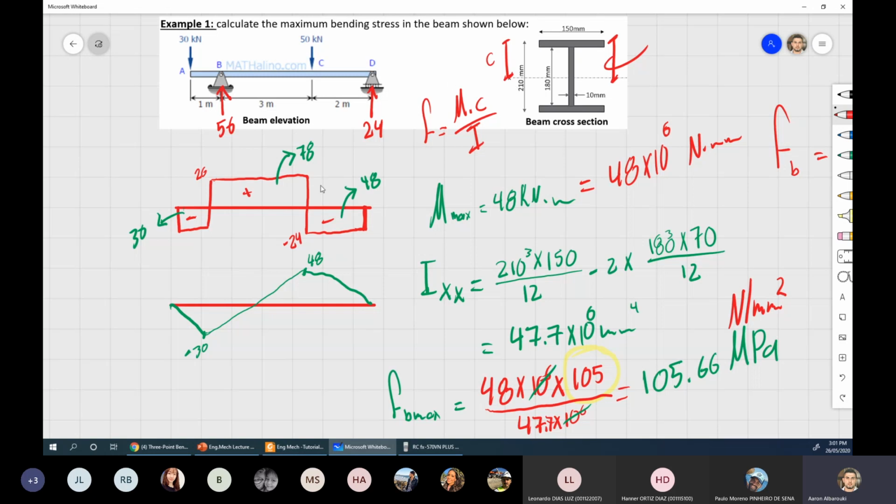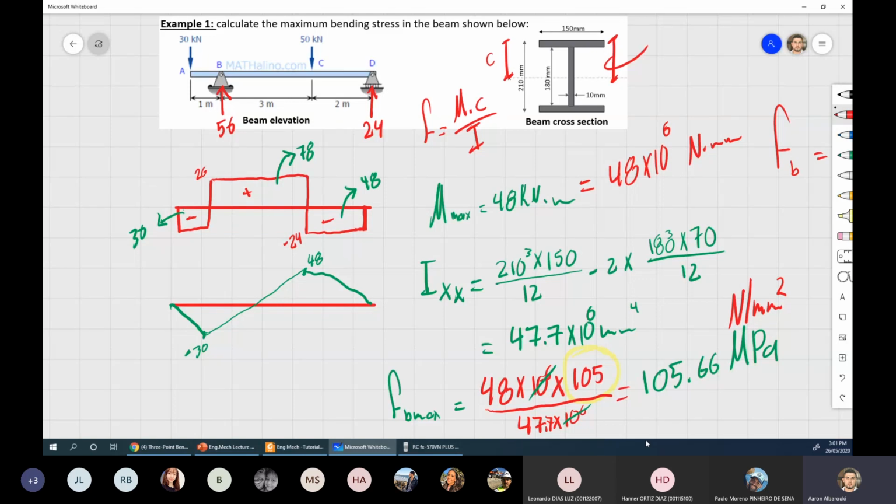Without applying any safety factors, based on these loads, 30 kilonewton could be the weight of a machine, 50 kilonewton could be the weight of a column supporting another building on top, all supported on a beam. I came up with a number in MPa, which is the maximum stress in that beam.